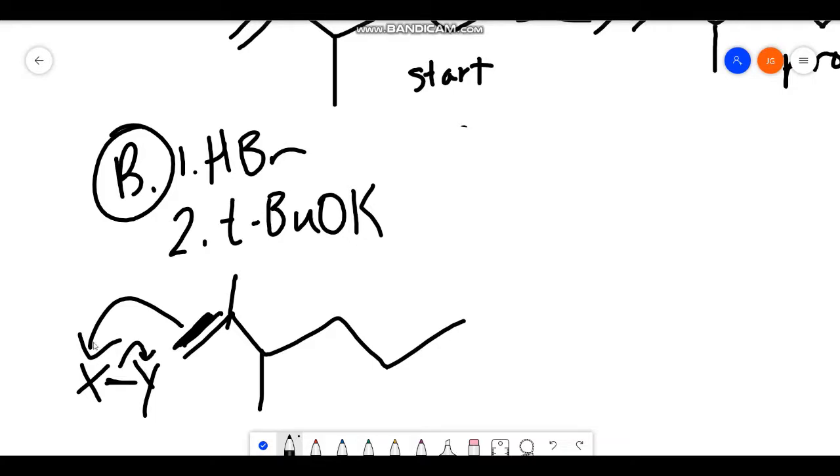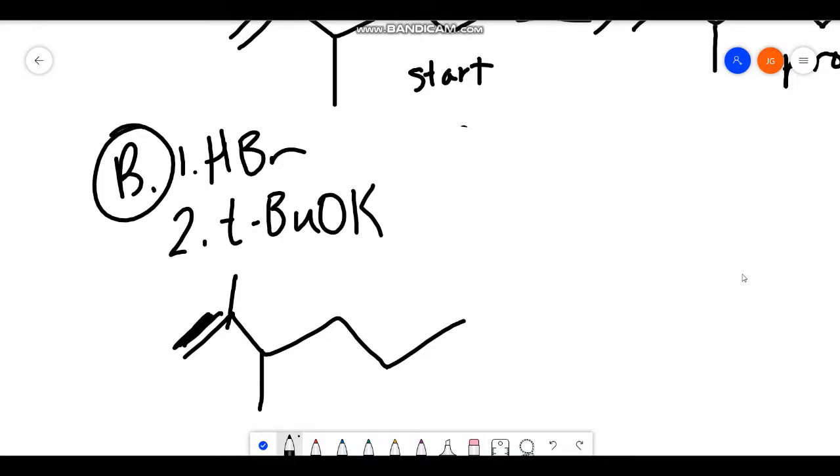So you're going to have an addition of X to this side. Fundamentally, that's how all of these alkene reactions are going to occur. Now, that's a bit of an oversimplification, because as you start to get to more complicated alkene reactions, you're going to start to see different variations on that. But it's a good concept to know that this pi bond is going to perform a nucleophilic attack.